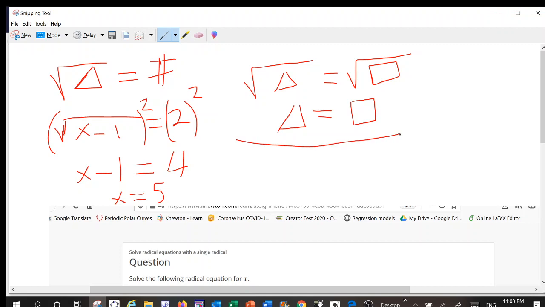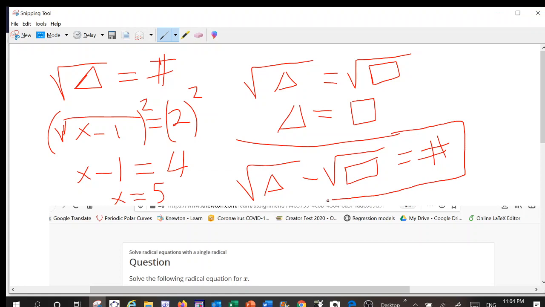But if you have two radicals, and then on the other side is not 0, is some number, then this would be something that we have to do a little bit more work, because if you square both sides, you can't get rid of the two radicals at the same time.